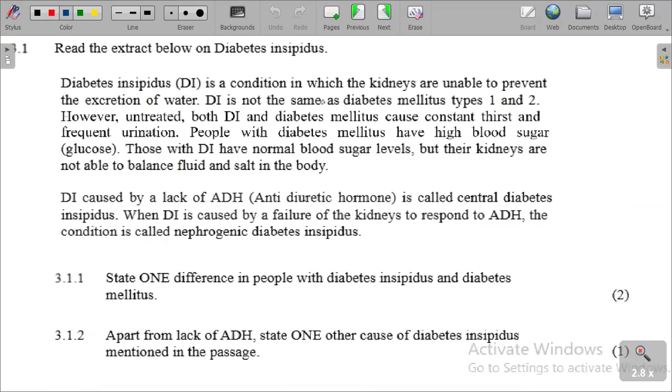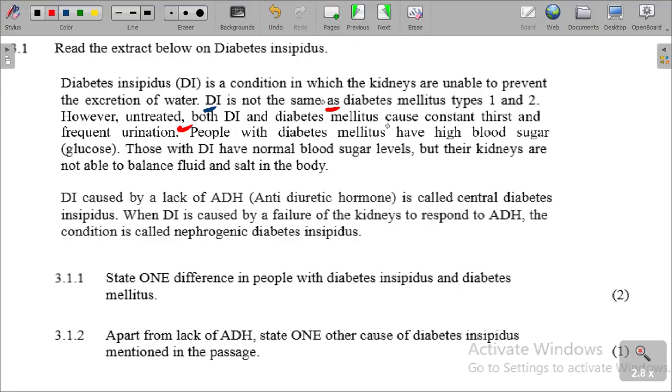We have an extract on diabetes insipidus. It is a condition in which the kidneys are unable to prevent the excretion of water. DI is not the same as diabetes mellitus type 1 and 2. However, untreated diabetes mellitus causes constant thirst and frequent urination.